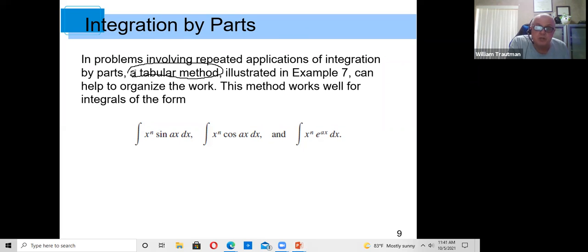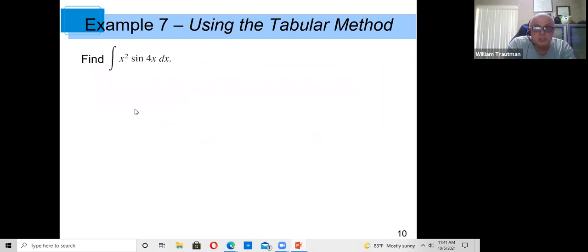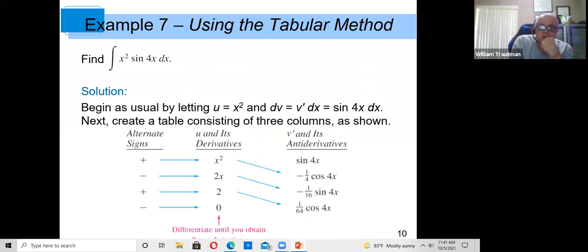Use the formula like on the last problem we just did, but try using the tabular method on that. I'm going to show you the tabular method here, and it's kind of cool. Here's an example.